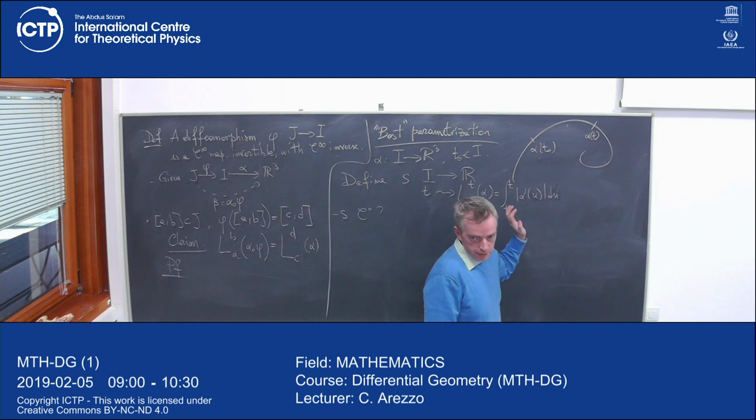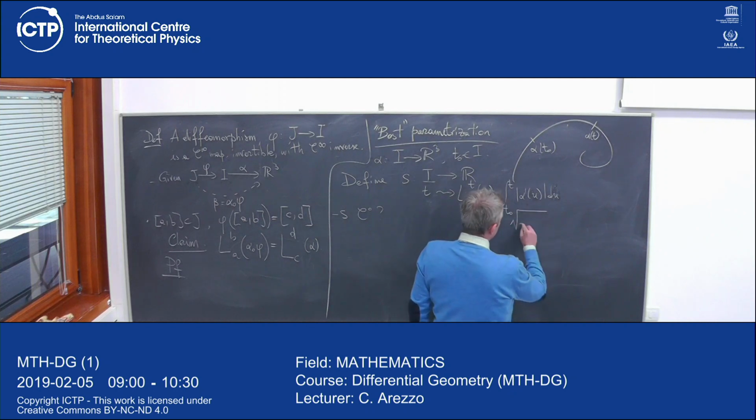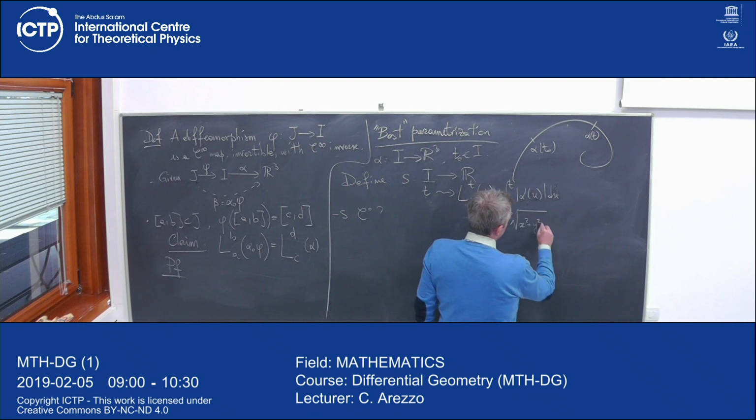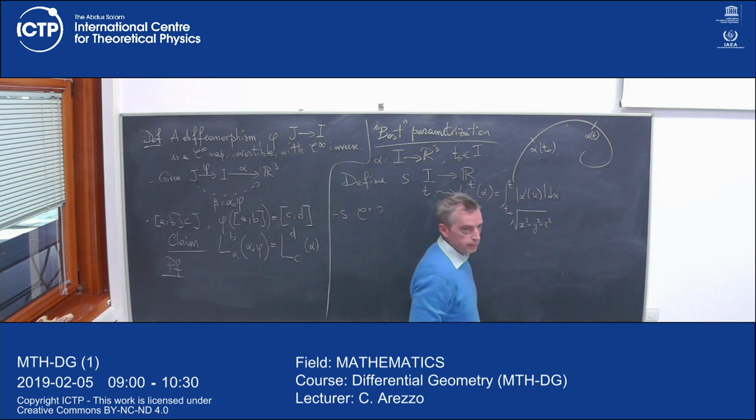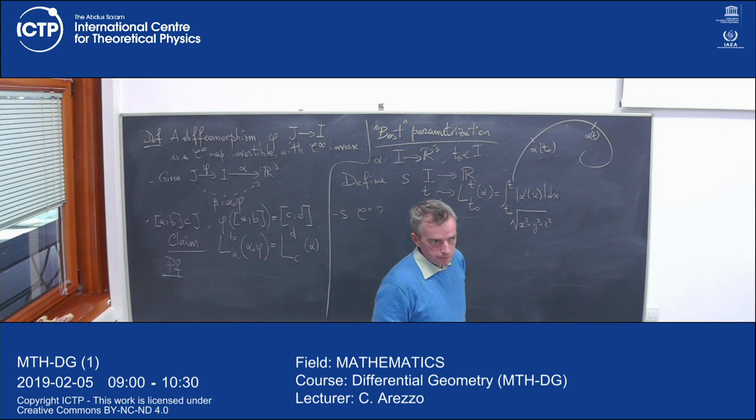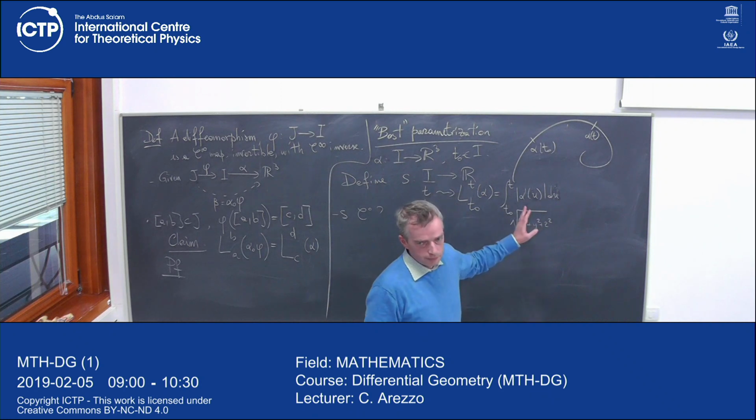This is not smooth. Because what is the norm of a vector? Now, every time you see square roots, you say, wait a moment. Of course it's continuous everywhere.